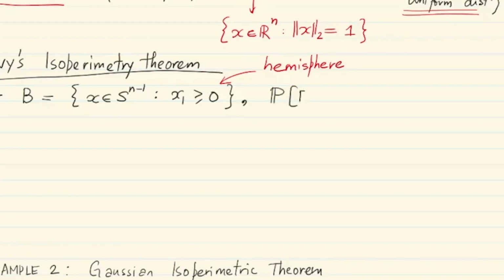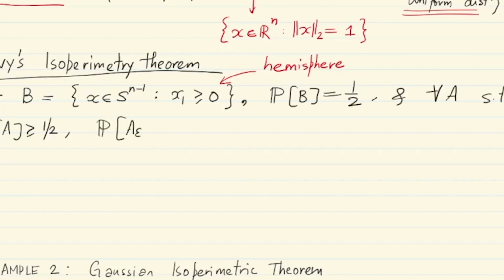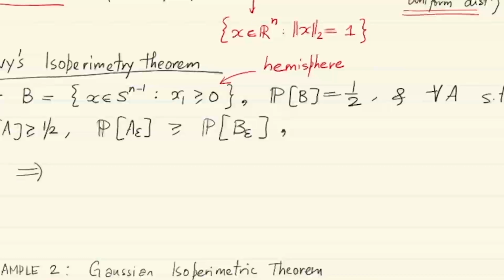We must have that P of B is equal to half, and for all A such that probability of A is at least half, the probability of the epsilon blow up of A is lower bounded by the probability of the epsilon blow up of this northern hemisphere or any hemisphere. And this finally implies that alpha of t is upper bounded by the probability of B_t complement.